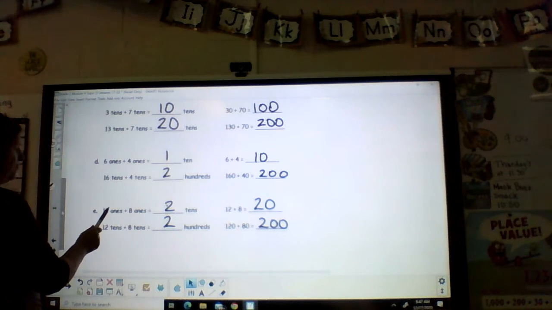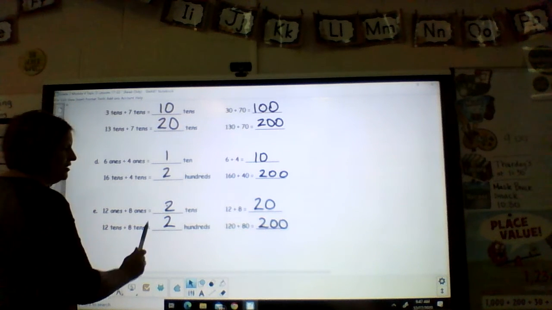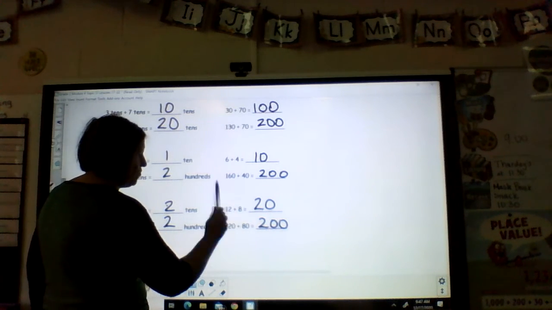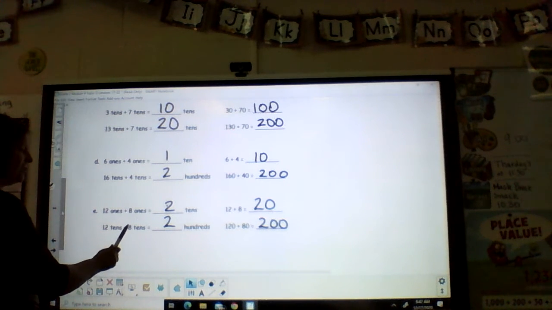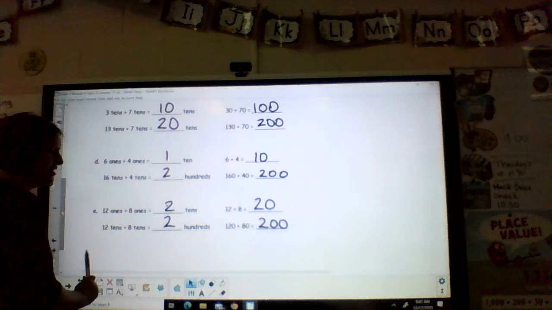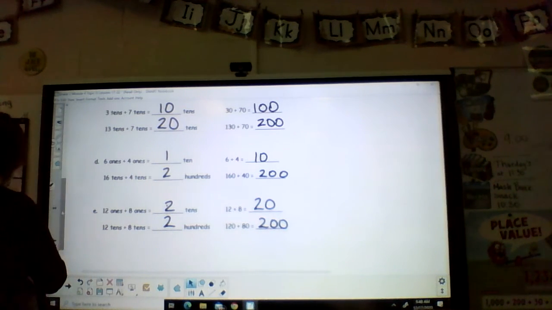Letter E, 12 ones plus 8 ones is 20 ones, which is 2 sticks of 10. So 12 plus 8 equals 20. And then 12 tens plus 8 tens is 20 tens. 20 tens is 2 hundreds. So 120 plus 80 equals 200.